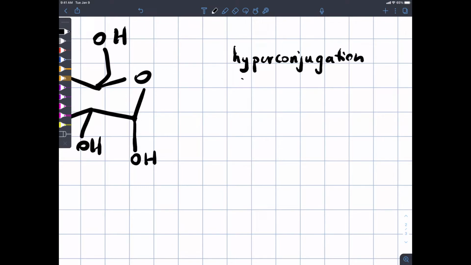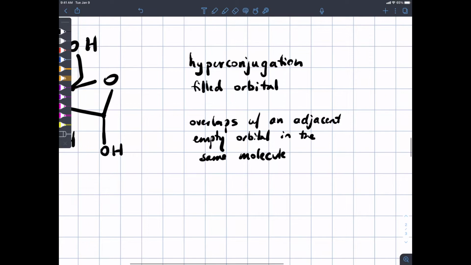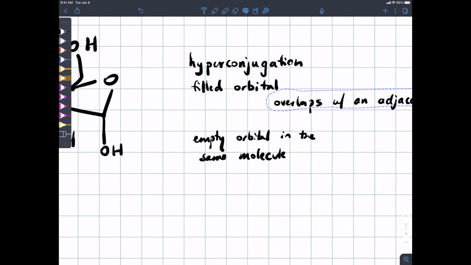Hyperconjugation is when a filled orbital overlaps with an adjacent empty orbital in the same molecule. And that allows the electrons in the filled orbital to spread out, and that is always a stabilizing effect.